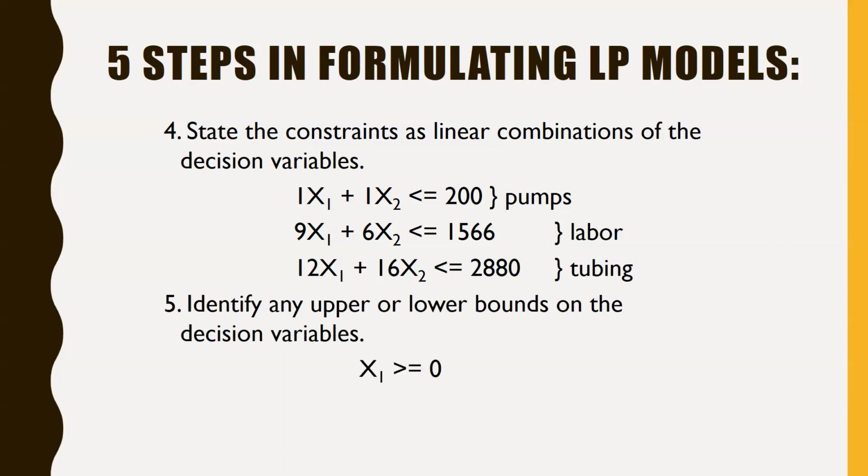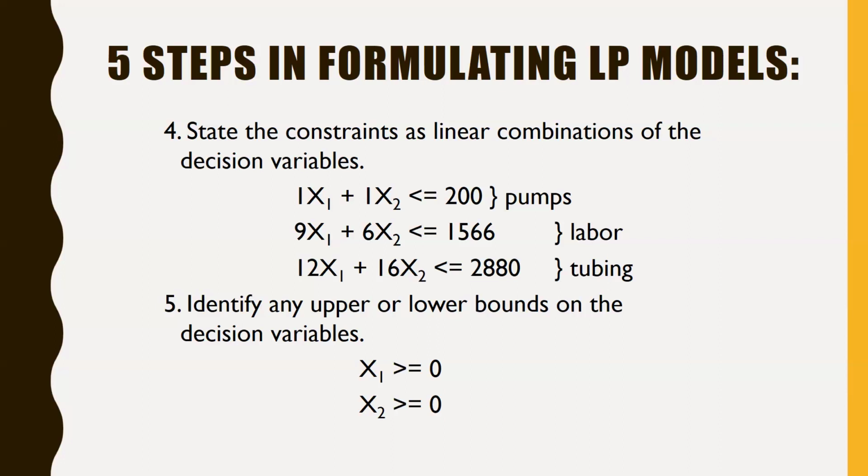And then we have X1 and X2 for another constraint. X1 should be greater than or equal to 0. The number should be greater than or equal to 0; we start from 0, which means you do not produce this. X2 also is greater than or equal to 0. This is a lower bound, also a constraint. We have 1, 2, 3, 4, 5 constraints.